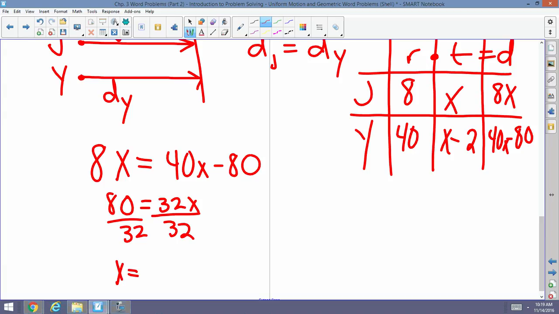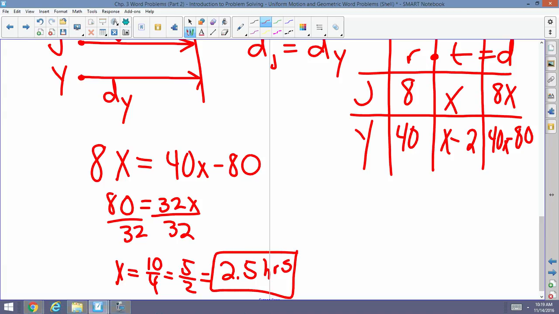What goes into both of these? 8. Okay, so we got 10/4, which equals 5/2, which equals 2.5 hours, because we were looking for time, x.